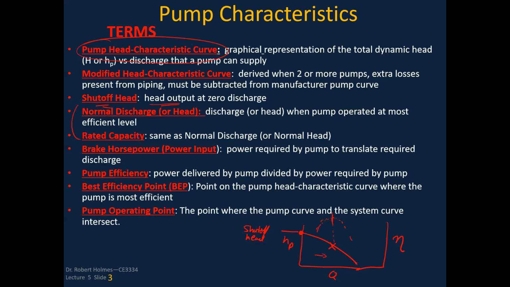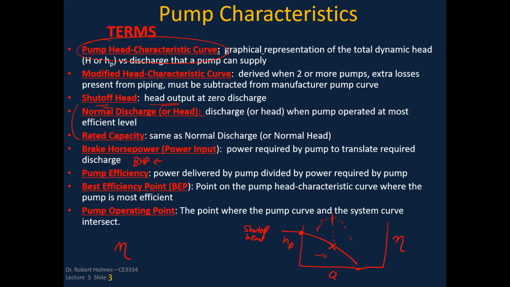The brake horsepower is going to be the amount of power required by the pump to get the required discharge. That's often called the BHP, the brake horsepower. And then the pump efficiency, you've already mentioned that.